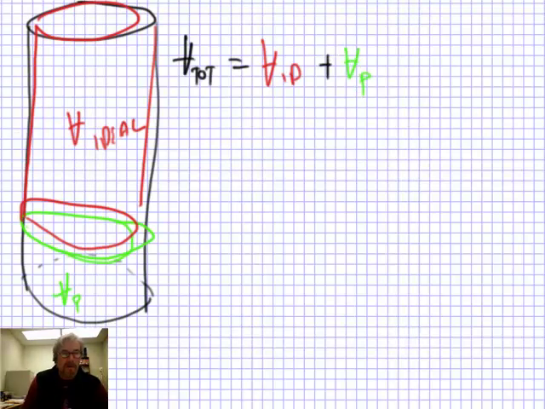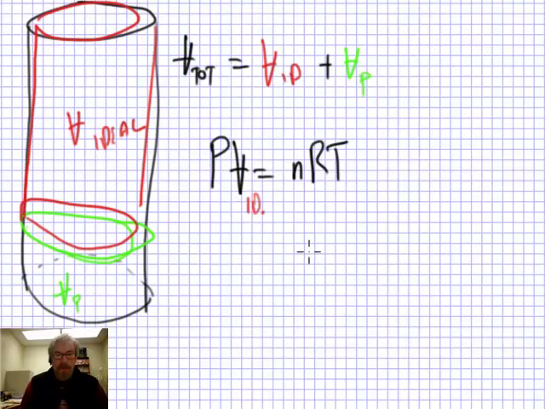Now for an ideal gas, we know that PV is equal to nRT. But this V here is our ideal V. But the volume of the particles is going to be proportional to how many moles are there. The more moles of particles I have, the bigger that space is actually going to be. So I'll make a constant of proportionality and turn this into an equation. I'll say the volume of particles is equal to some number B times the number of moles of particles that are there.